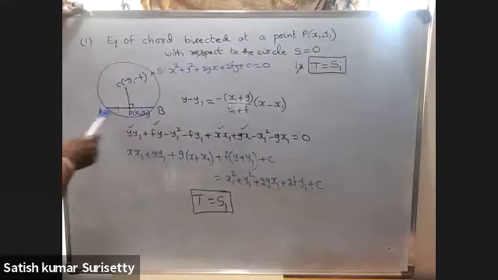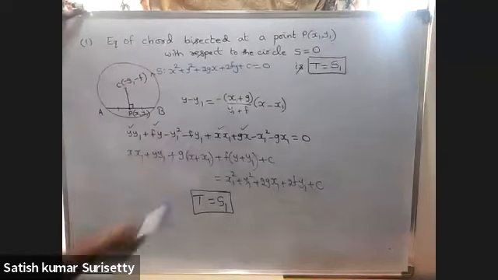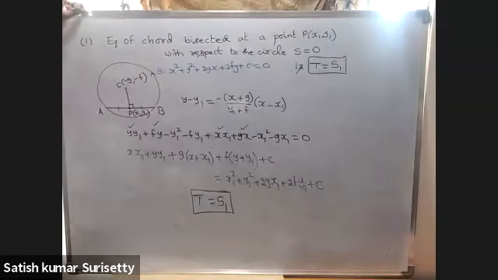Then the slope of AB we can write. So the equation of AB: add and subtract to get the form T equal to S1.